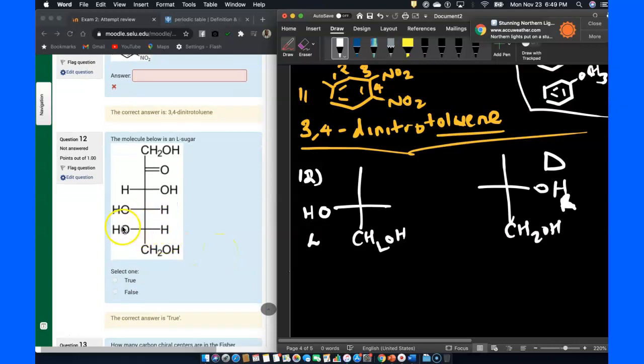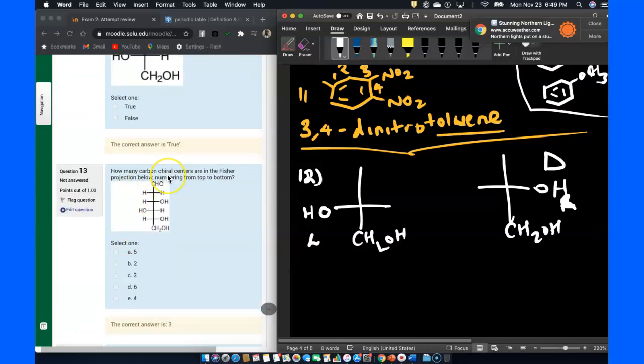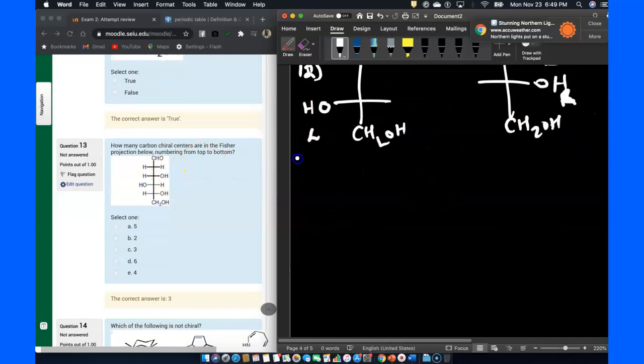This is an L sugar because this OH down here, which is sitting on the first chiral carbon of the Fischer projection of the sugar molecule, is on the left, so it's L. It's true.